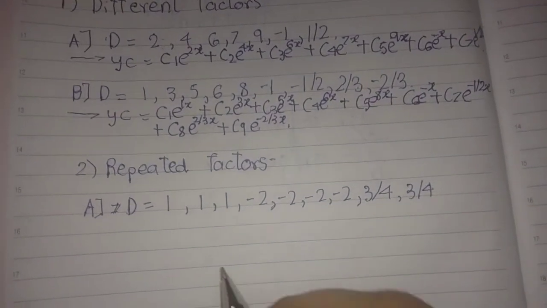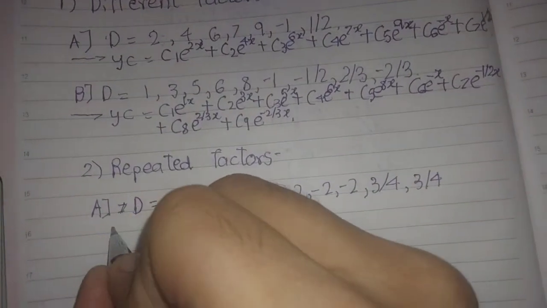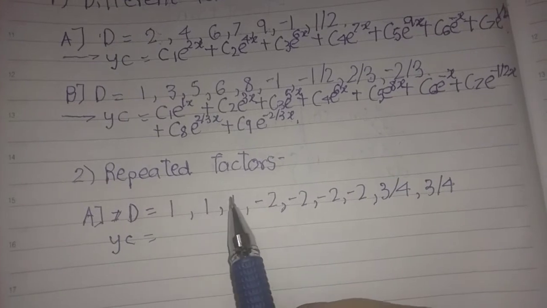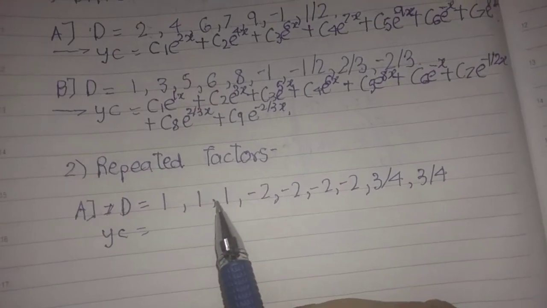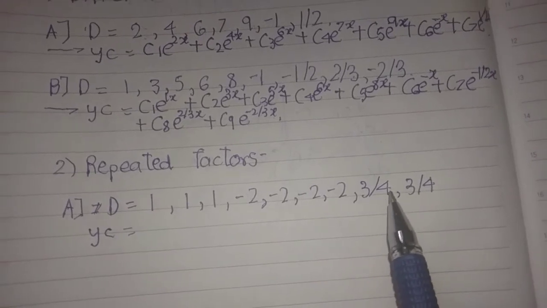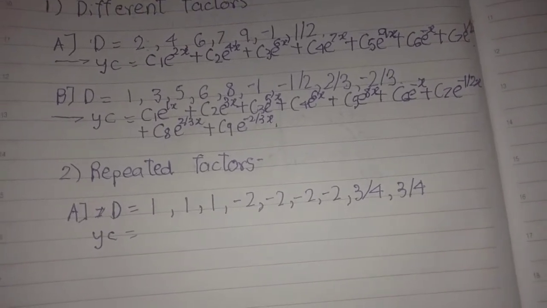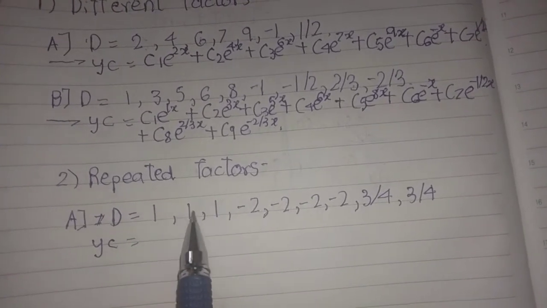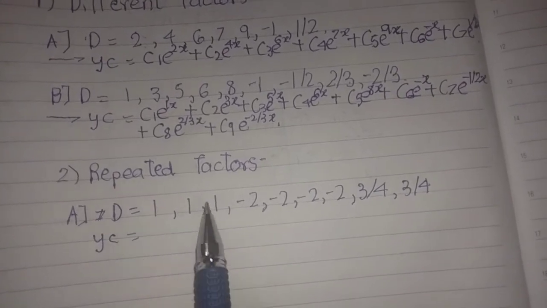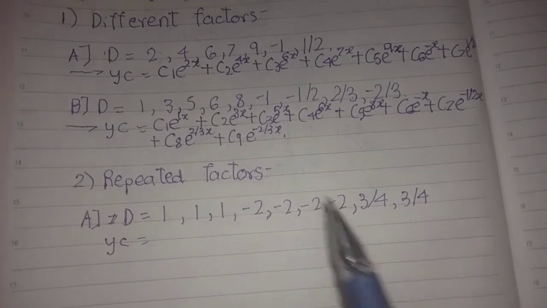Okay, so here if we look, 1 is repeated 3 times, minus 2 is repeated 4 times, and 3 by 4 is repeated 2 times. And also the sign that each term has is the same.